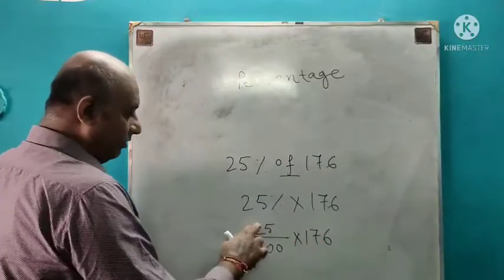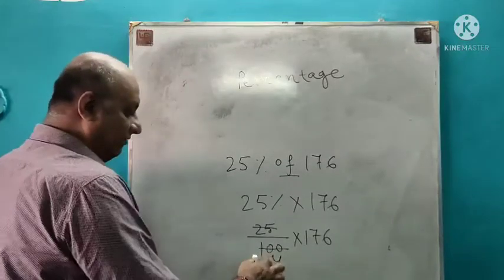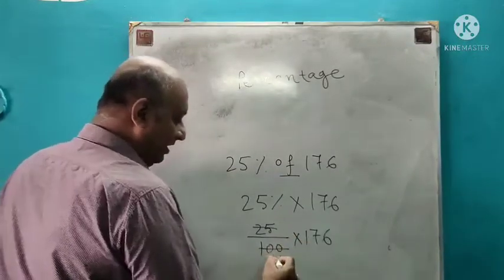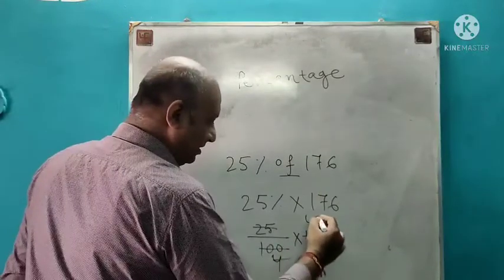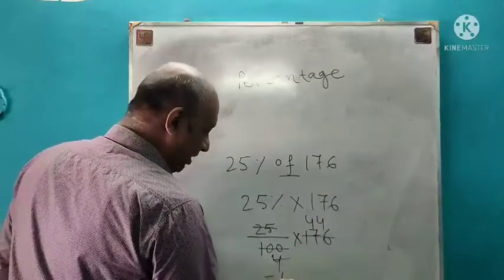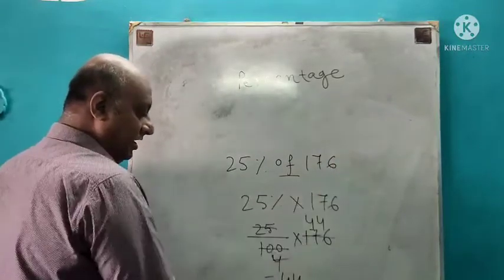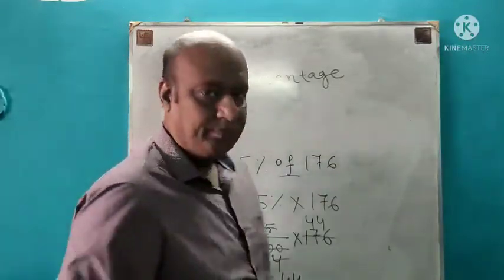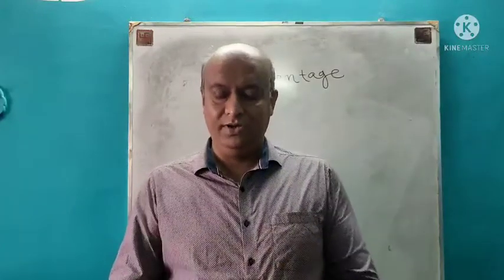Now we know that 25 will cut the 100 with 4, and 4 will divide 176: 4 fours are 16, carry 1, and then we have 16, it will become 44. So my answer is 44. 25% of 176 is 44. I'm sure by now you have understood this concept.